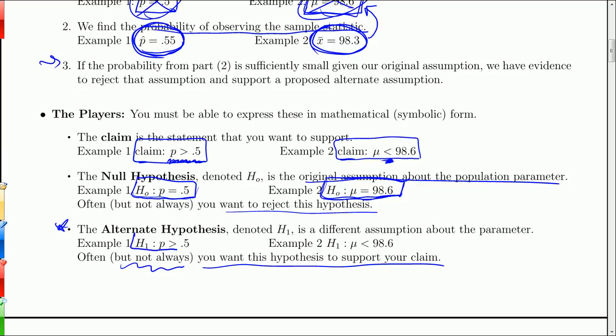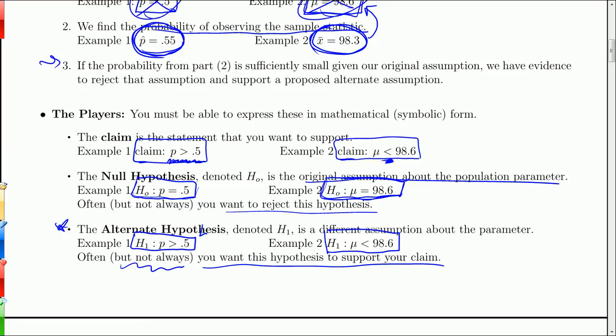If we end up rejecting the null, we're stuck with the alternate, which is what we wanted to support in the first place. In the second example, the same thing: if I reject the null, I'll end up accepting the alternate, which was the claim.